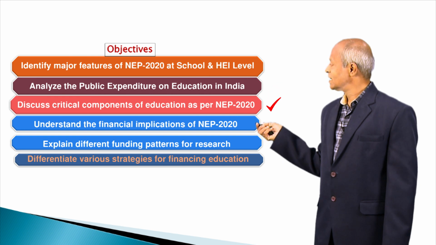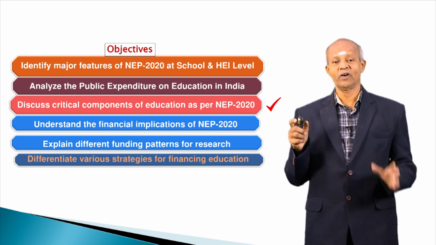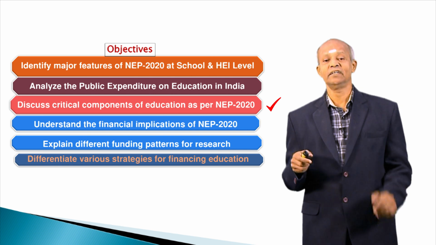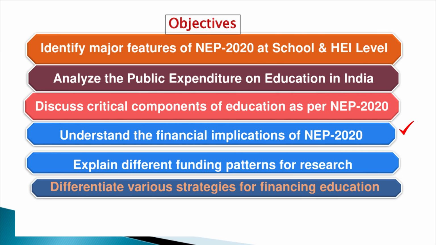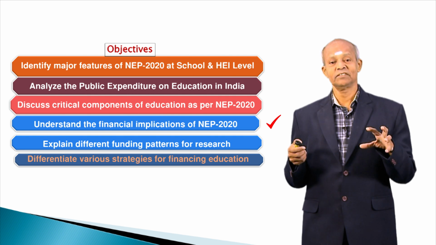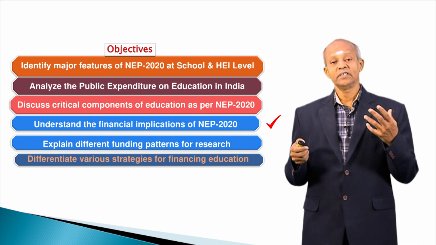We will discuss the critical components of education as per NEP 2020, and we will understand the financial implications of NEP. So, what are the various suggestions and how to enact them.